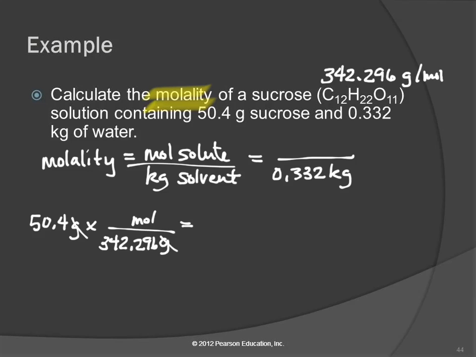50.4 divided by 342.296 equals 0.14724. That has 3 sig figs. This is moles: 0.14724 moles.